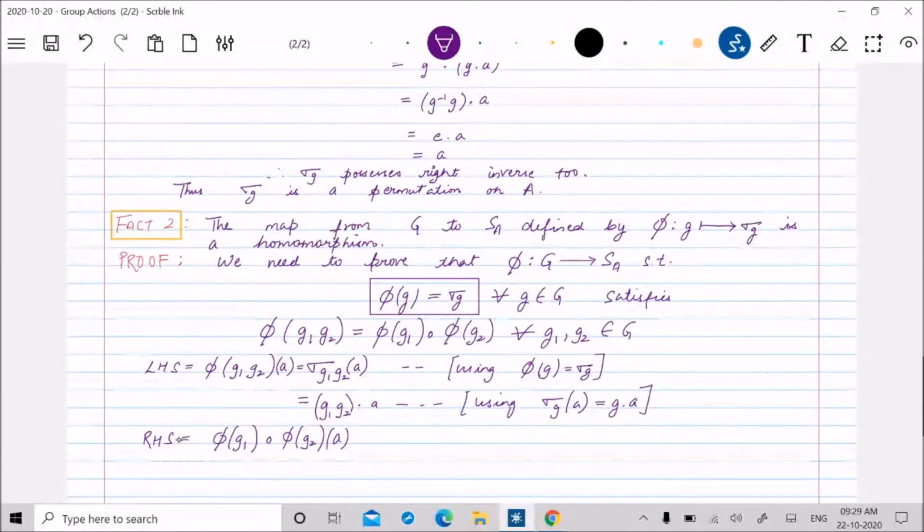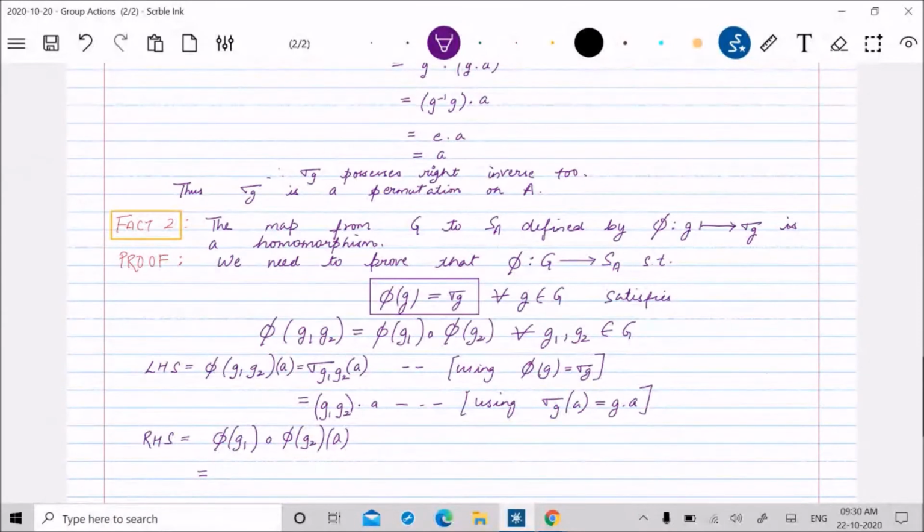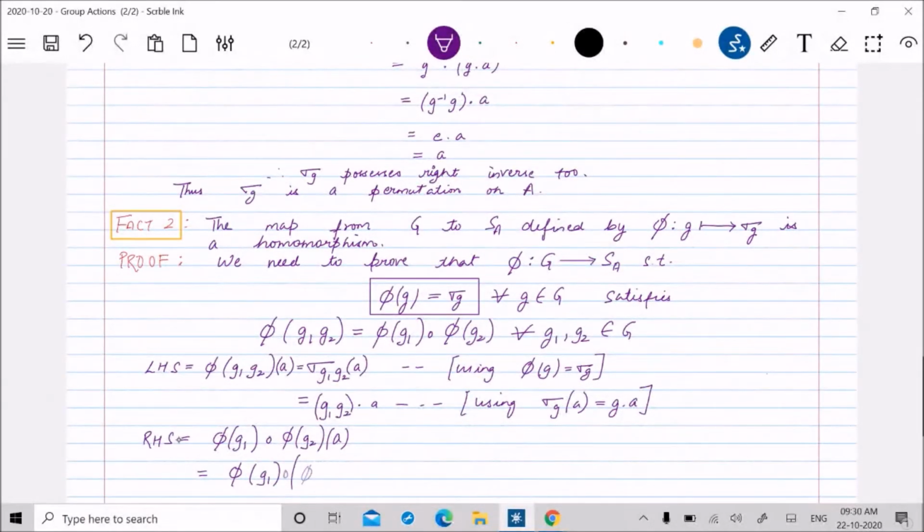Similarly, this can be written as phi G1 of phi G2 A, and this is just function composition. Phi G1 and phi G2 A will be sigma G2 A, right? And this is the definition I used here.